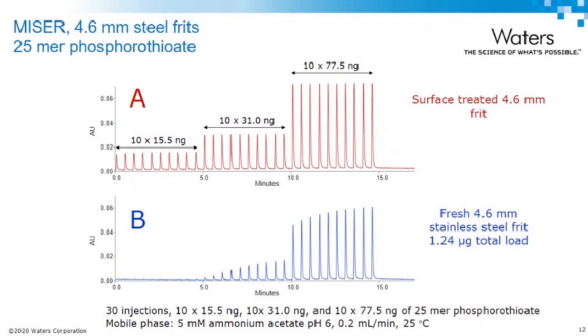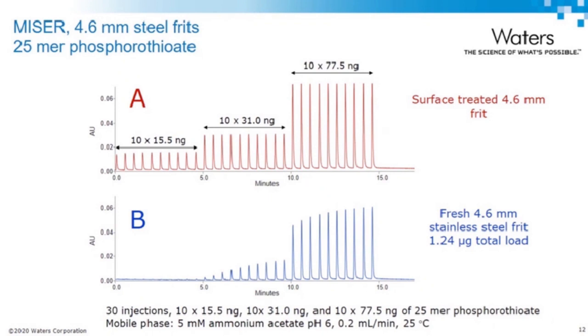Contrary to that, the B chromatogram, the blue one, shows what happens for the 4.6 millimeter stainless steel untreated frit. For the first 10 injections, low mass, there is almost no recovery, and then we slowly see this effect of sample conditioning. And towards the 30th injection, I have nearly quantitative recovery of my sample.